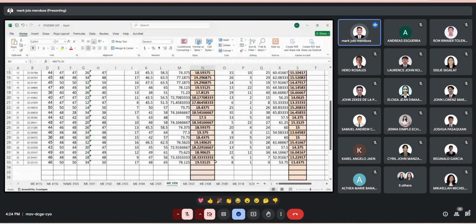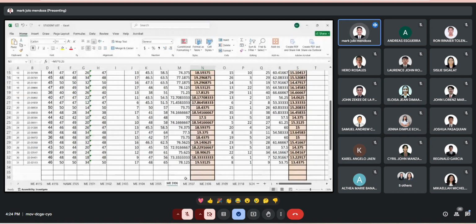Yung regarding sa final project, sinend ko naman yun sa GC, 'di ba? Sinend ko last Friday sa GC niyo, yung sinabi ko yung mga kumuha ng support shirt, the lowest grade would be 88 individually.